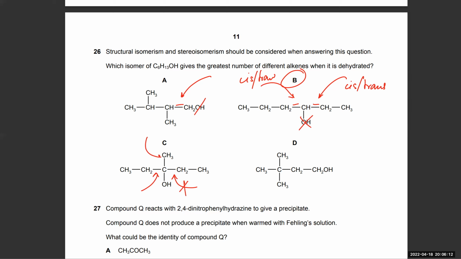Putting it over here and over here symmetrically is exactly the same. The other position could be the double bond over here, but that one would still not form cis-trans because the carbon will have 2 H's. And this one again, you just have one double bond position. So option B is the one which is going to make the greatest number of alkenes. Okay, is that clear as well?